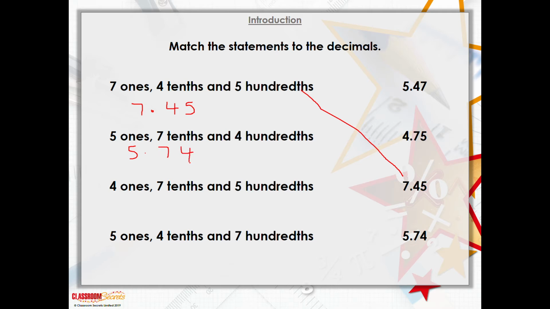Don't forget your decimal point when you're doing this. That's 5.74. 4 ones, 7/10, 5/100. And the last one should match here. Should be 5.47.